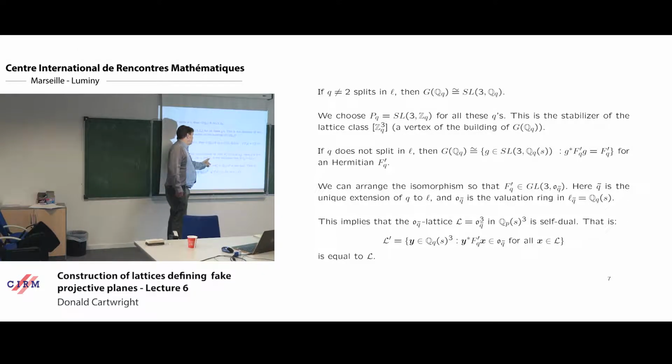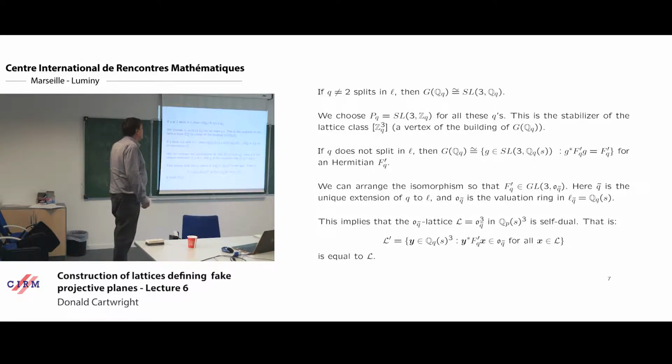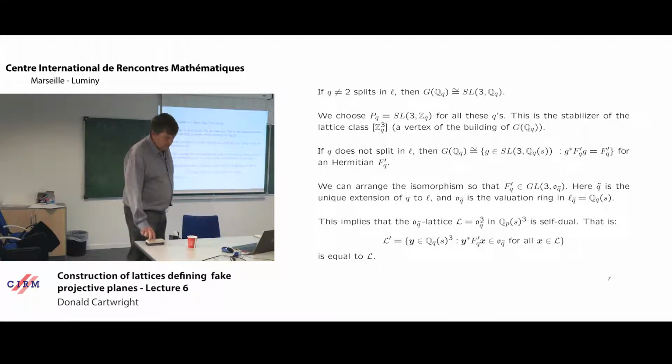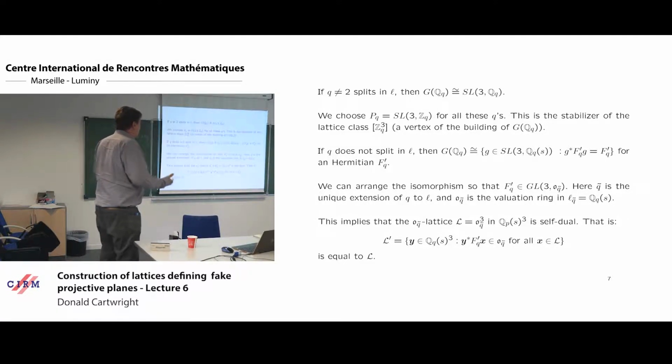This is the ring of elements whose valuation is at least 0. And you can arrange that this matrix is in here. I'll actually exhibit for Q equals 7 that matrix in a moment, so you'll see how this works. Alternatively, you can look at the back end of my second talk.